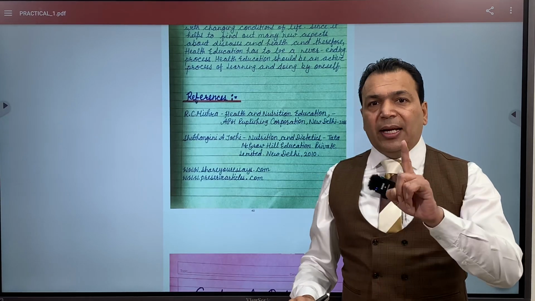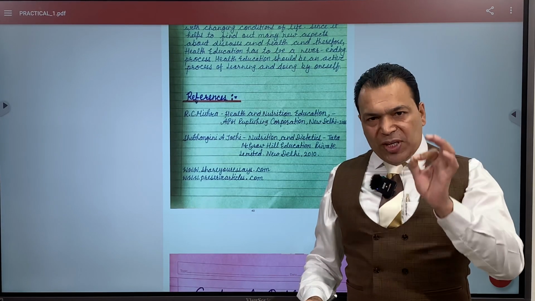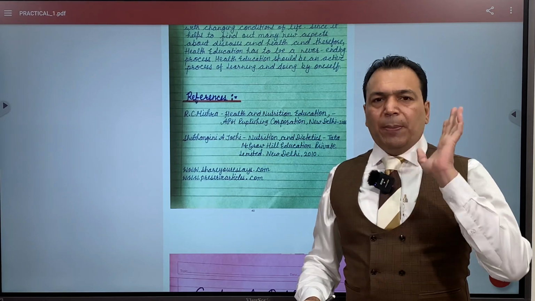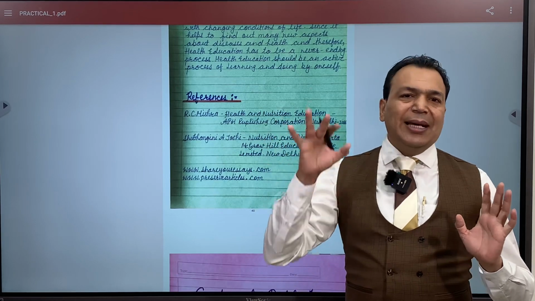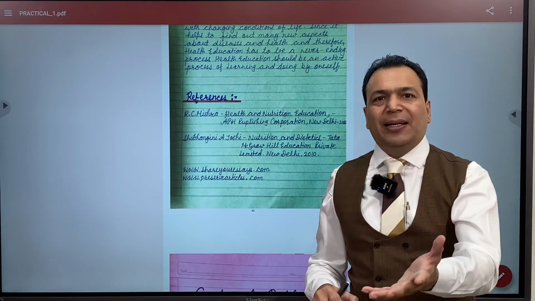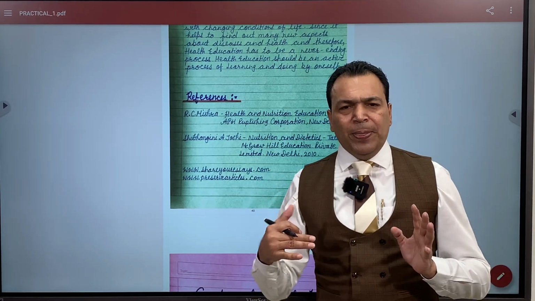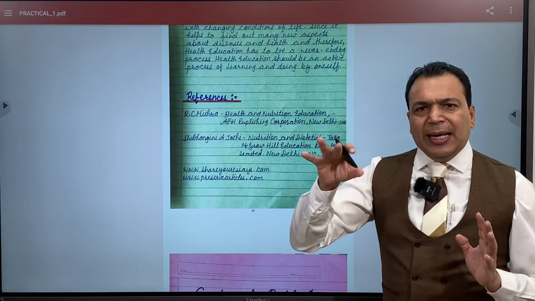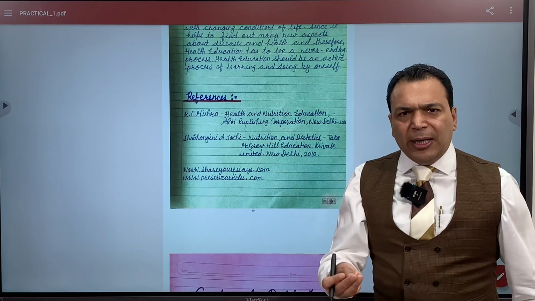And don't forget to refer to which newspaper you have selected, which books you have selected. Okay, even the internet, even the sites, wherever you have taken the material from. Any research article related to education you can write, there are a lot. On teaching and learning you can write that.